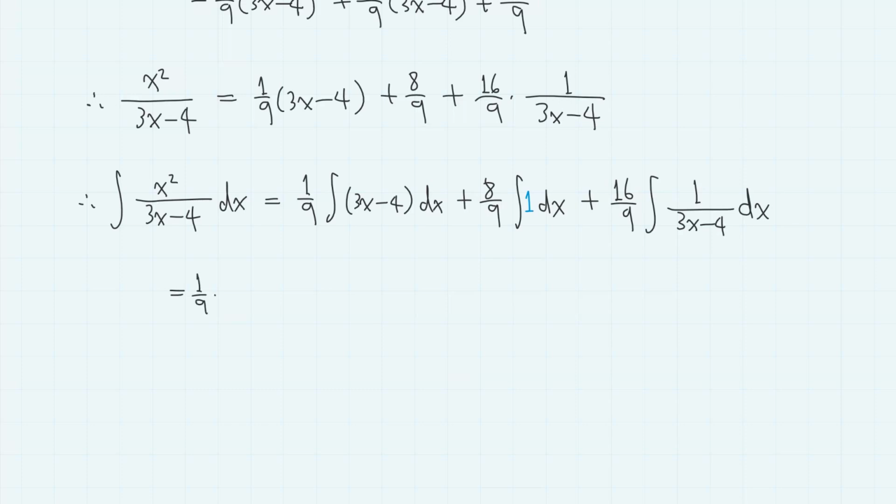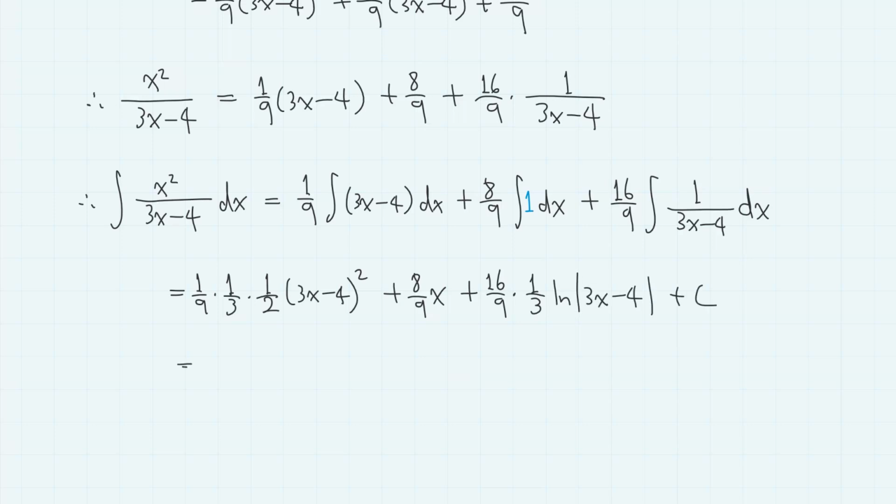So we have 1 over 9 times reciprocal coefficient 1 over 3 times reciprocal power 1 over 2 times (3x minus 4) squared plus 8 over 9x plus 16 over 9 times reciprocal coefficient 1 over 3 times ln absolute value of 3x minus 4 plus c. So it is 1 over 54 (3x minus 4) squared plus 8 over 9x plus 16 over 27 ln absolute value of 3x minus 4 plus c.